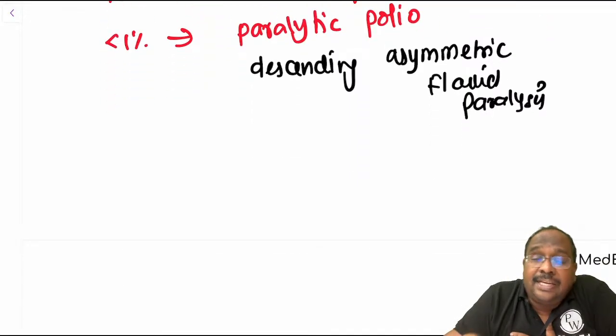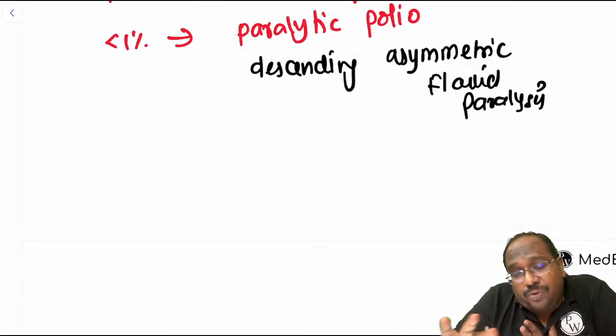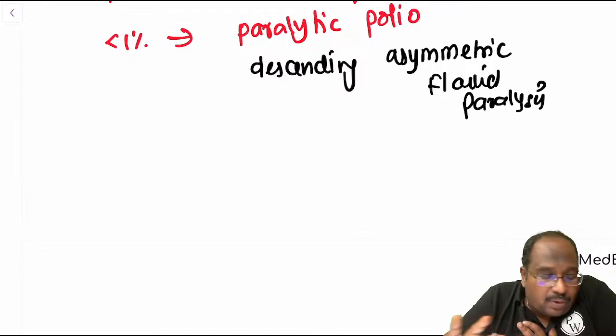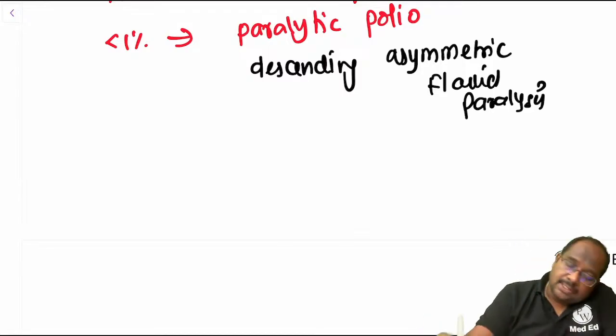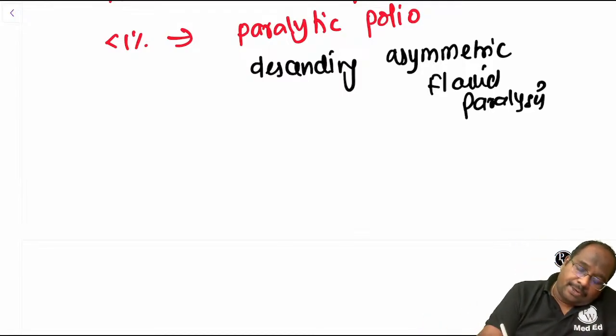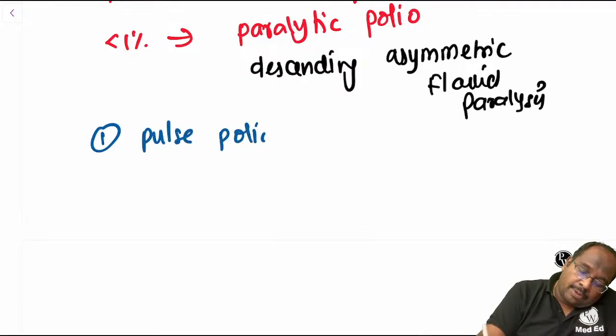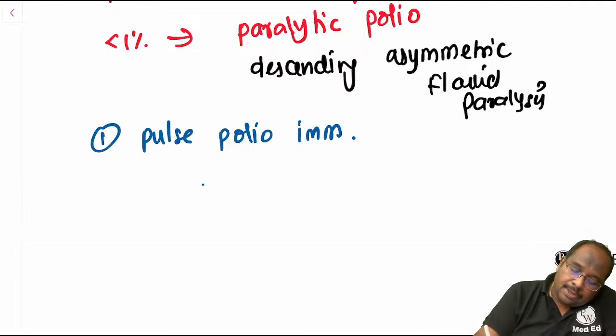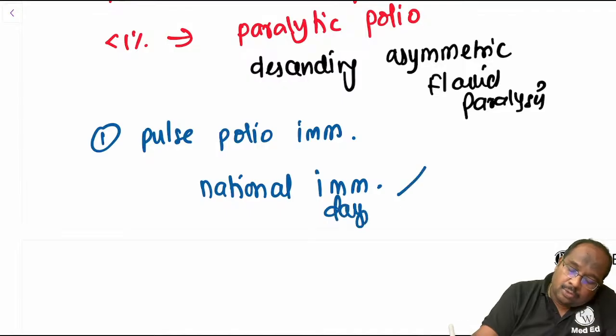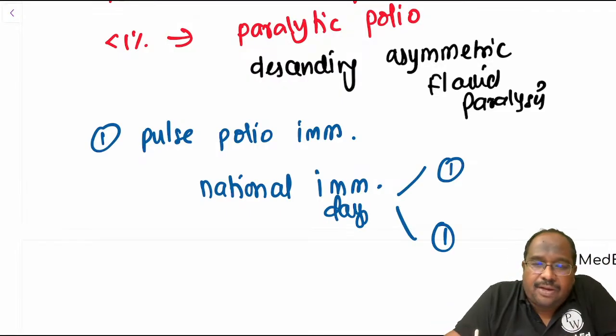In the 90s, India had the highest number of polio cases. Since 2011, we don't have any case of polio. How did we achieve this? Basically for two reasons. One is pulse polio immunization. We celebrate National Immunization Days, 2 days in a year, in months like January, February, March.